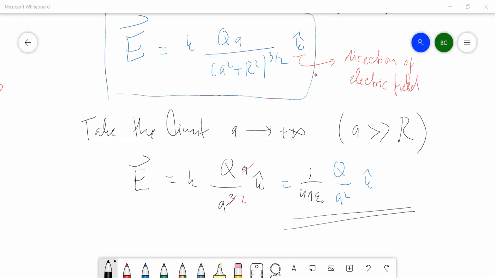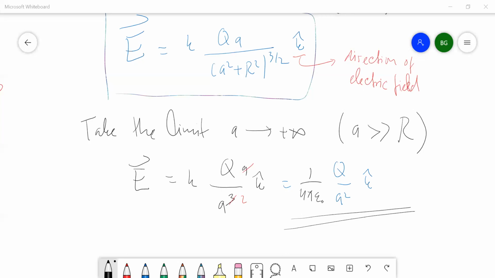Okay. Andi Nabia, yes, sir. Can you tell us about this formula? What does it mean when we take the limit A to infinity, or A much greater than its radius? Is it the area, sir? Sorry? The area, sir. Oh, it's the radius. Okay, thank you.